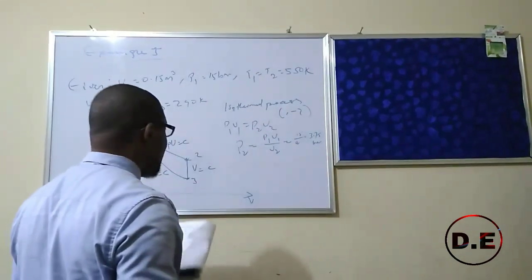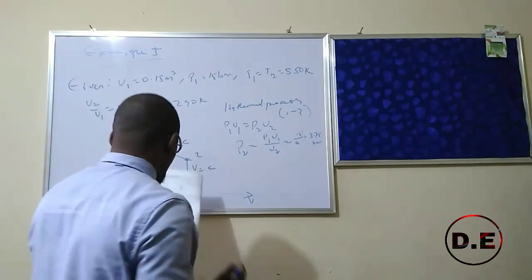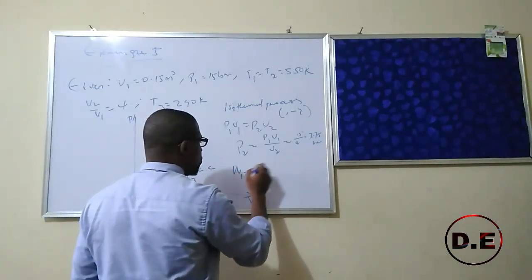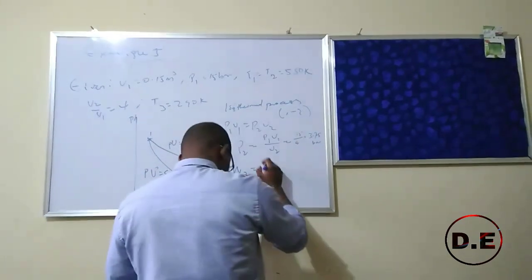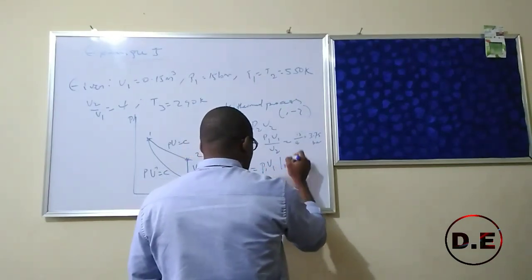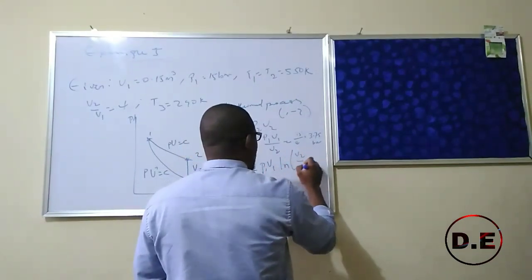Next, I can also calculate the work done in this process. Work done, W12, we've seen this before, is equal to P1V1 ln of V2 over V1.